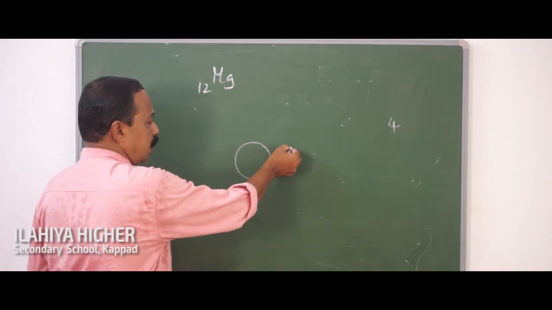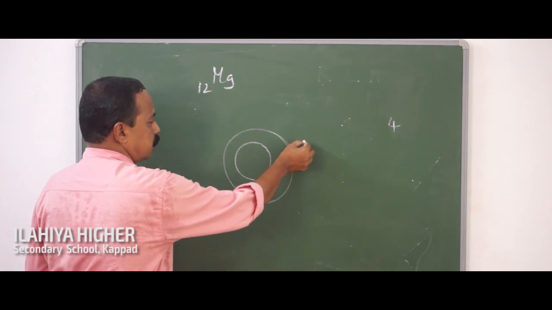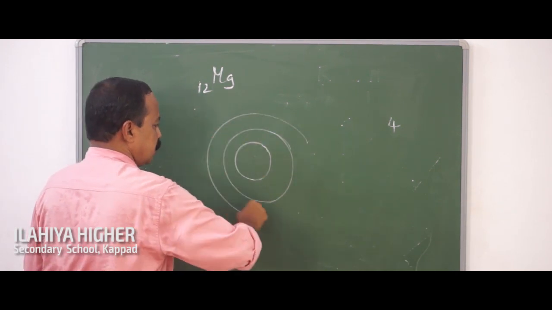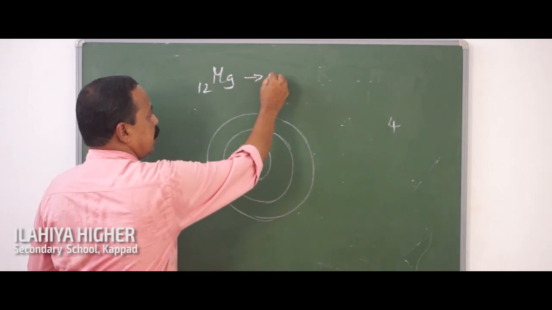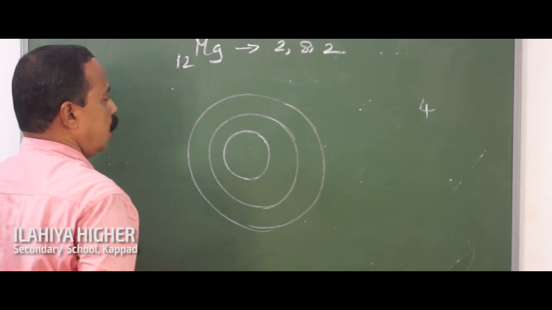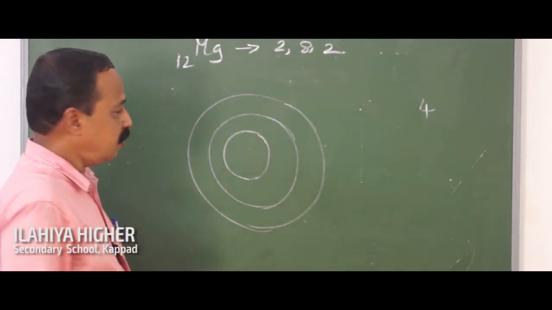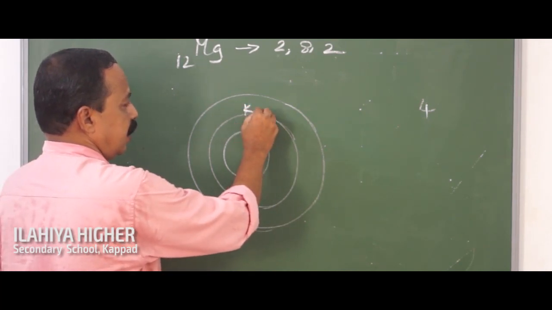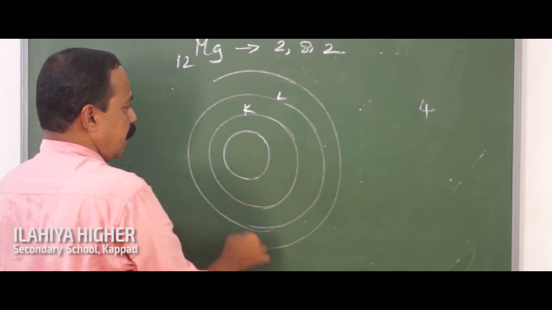Electrons are revolving around the shells or orbits. Magnesium's electronic configuration is 2, 8, 2. So how many shells are there? 3 shells. What are they? K shell, L shell, and the next shell is M shell.